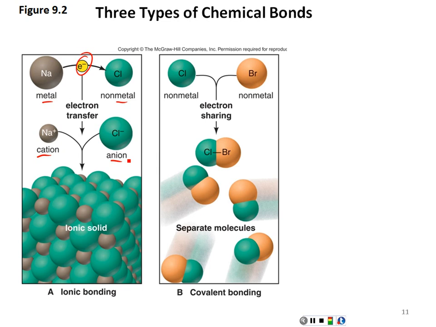For a covalent bond, you have two nonmetals that come together. In this example, it's chlorine and bromine, and they share electrons. And you see that they actually form separate, distinct molecules, in contrast to the ionic substance that makes a continuous crystal lattice.